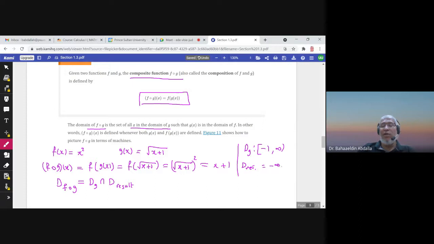Everything, or real numbers, because it's a straight line, no rational, no denominator, and no square root. So what would be the intersection? The intersection is from negative 1 to infinity because this is all real numbers.